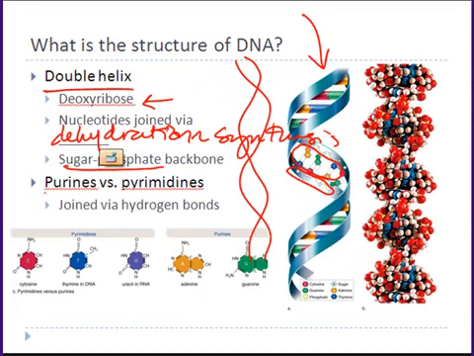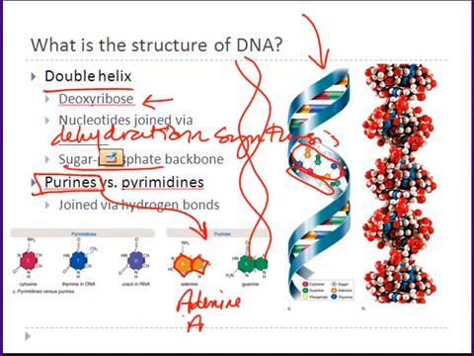There's one group of nitrogenous bases called the purines, and they consist of two rings of carbons, and they include adenine, or the letter A for short, and guanine, or the letter G for short. We also have what are called pyrimidines.